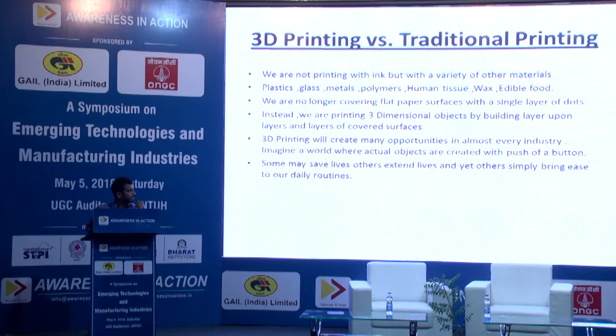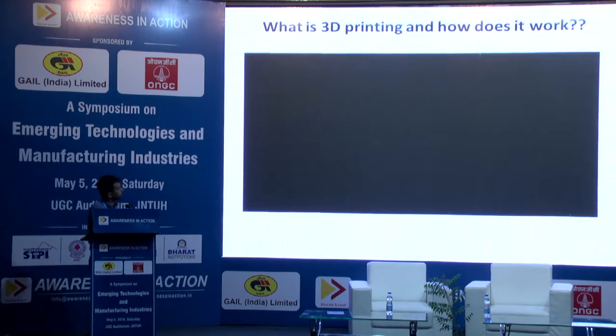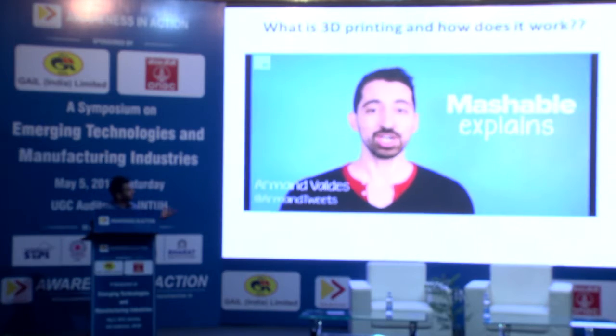And other than that, you have metal 3D printing, which is being used by companies like GE, UTC Aerospace, and all the major research companies. Lockheed Martin and other US research companies have gone so far that they are creating robots made out of 3D printed parts. So this explains how a 3D printer works.